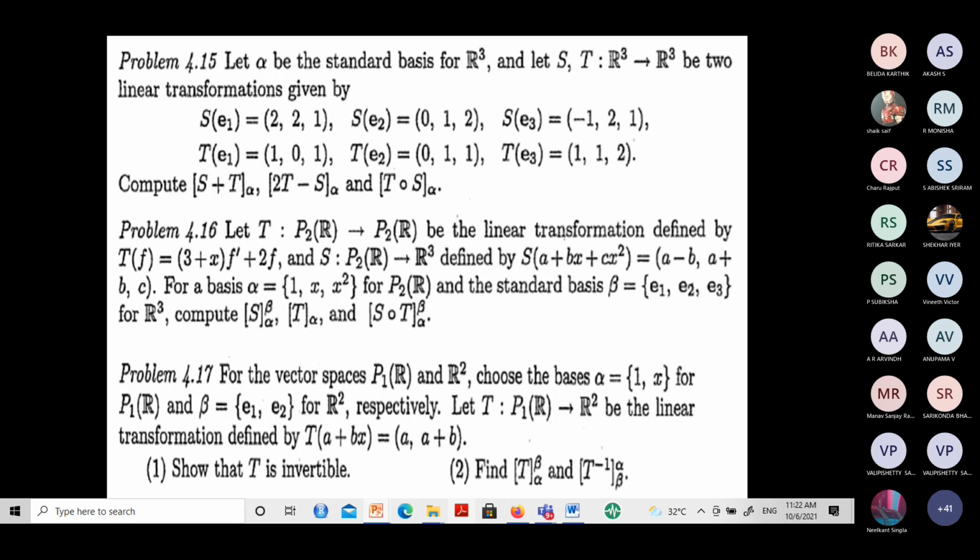Take down that question. S and T are two linear transformations from R cube to R cube.